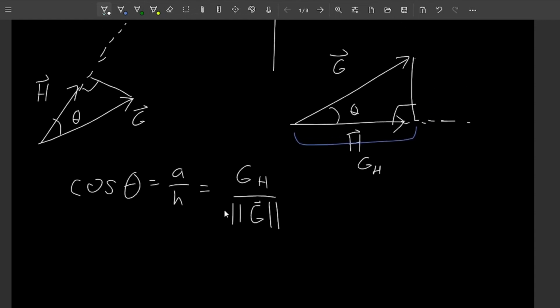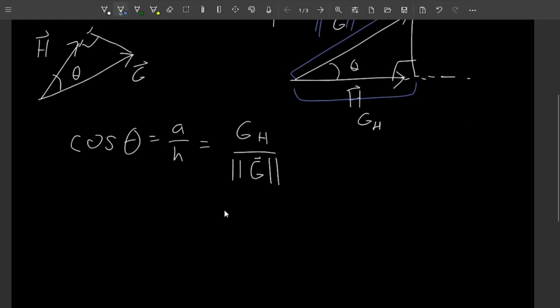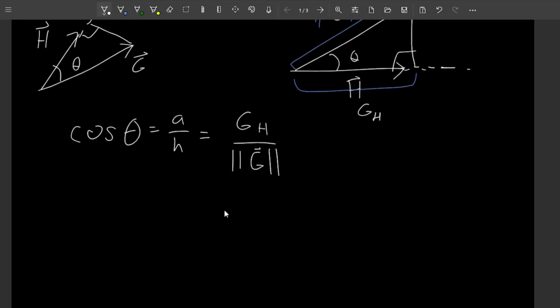Now this just means the magnitude, because the vector g is not a length, but the magnitude of g is a length. So then we can say that g of h is equal to the magnitude of g times cosine of theta.